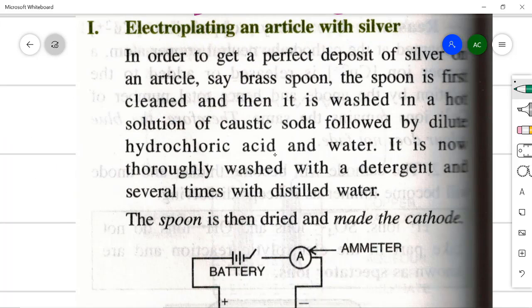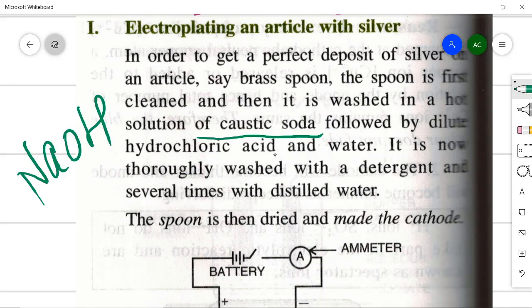We have washed it with a hot solution of caustic soda. And why have we taken caustic soda? What is caustic soda? You remember? It is NaOH, sodium hydroxide. And why is caustic soda preferred here? Because caustic soda dissolves all kinds of grease, and thus it gives a very effective cleaning effect.